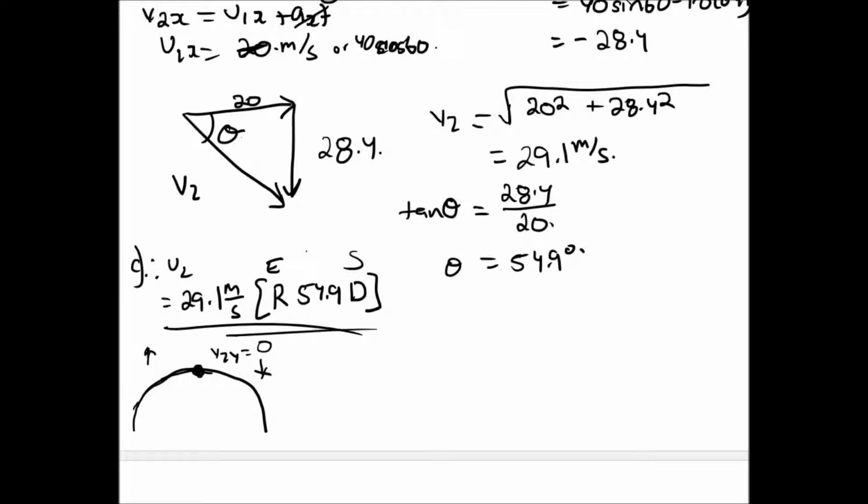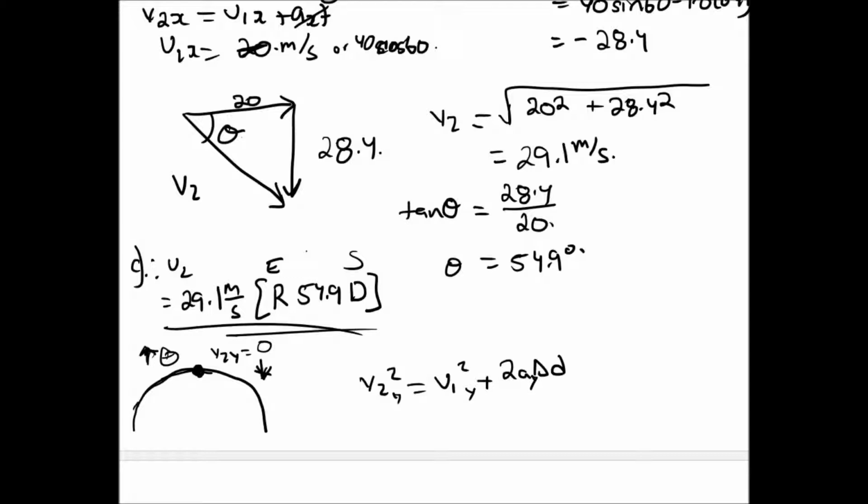Once again, it's a turning point, that's why. On the left side it's going up because it's positive, and on the right side it's negative, and that's why it's going down. So we can use this equation: v2 squared equals v1 squared plus 2a delta d, and this is y.